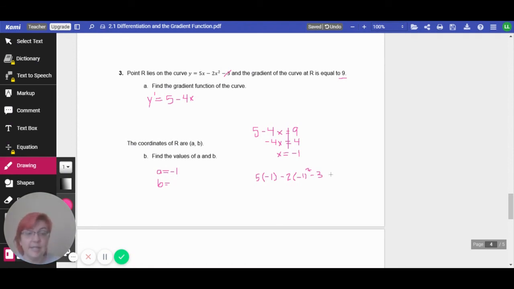And I get negative 10. So that means that b is equal to negative 10.